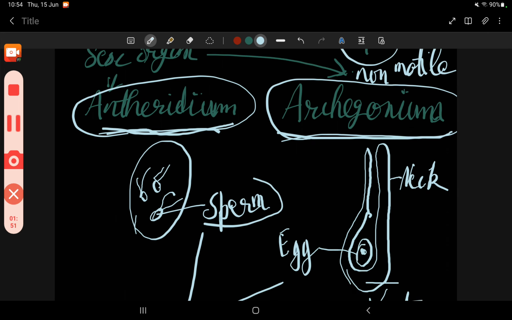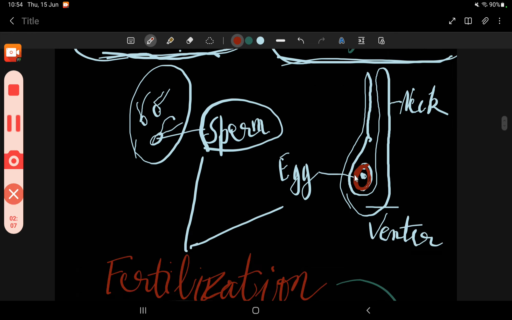Male gametes, biflagellate sperms, are formed inside the antheridium, while the archegonium contains the egg inside.